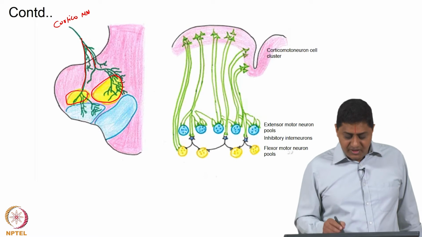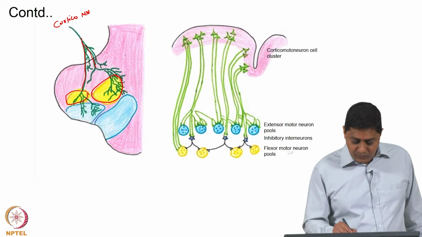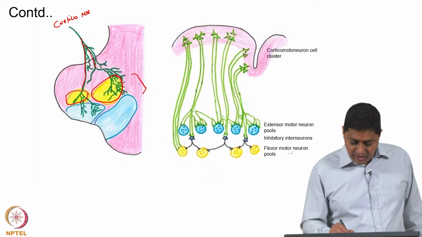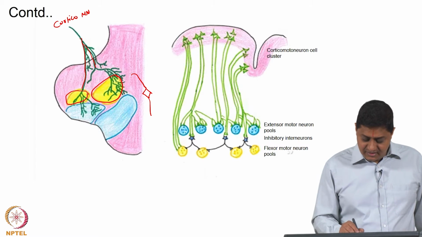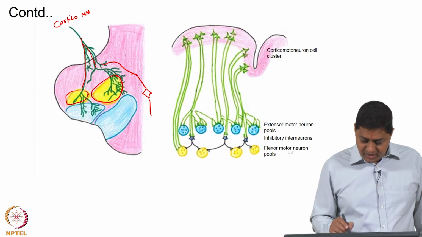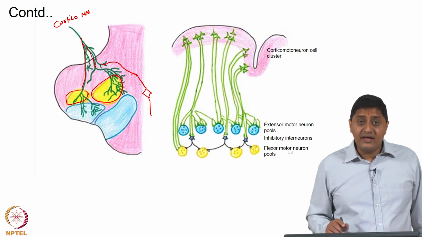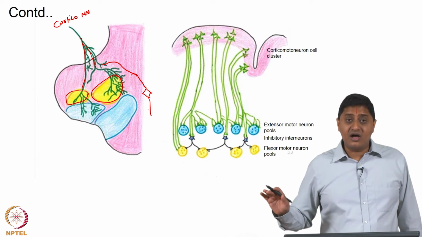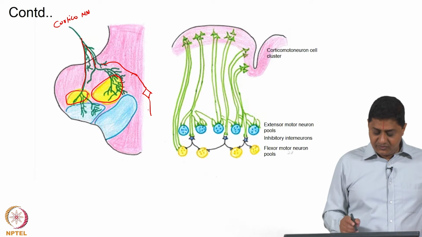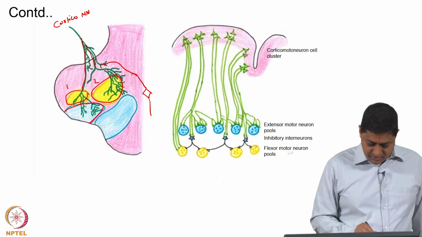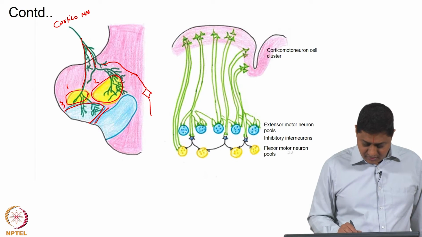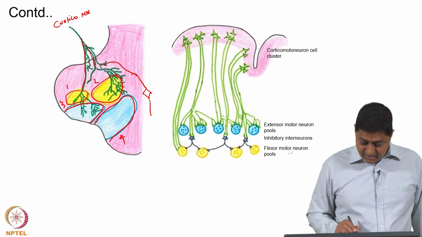What is not shown in this picture is that through inhibitory interneurons, for example through GABAergic neurons, these corticomotor neurons also inhibit the antagonists. So, let us suppose these are flexors, these 4 muscles. I am going to call this 1, 2, 3 and this is the 4th muscle.